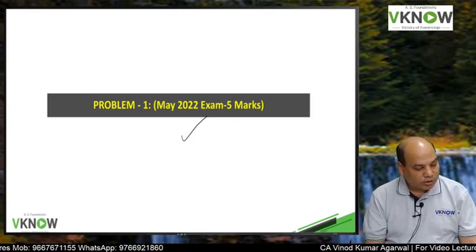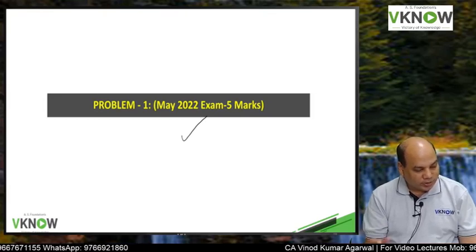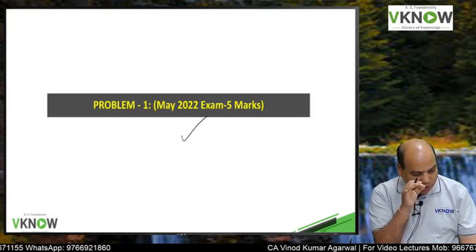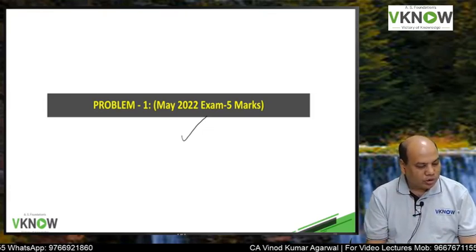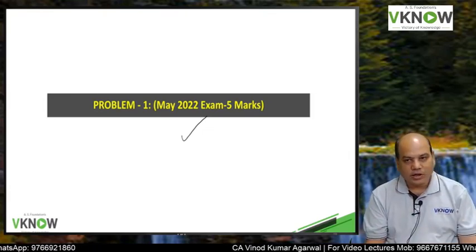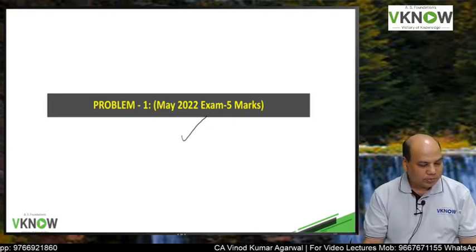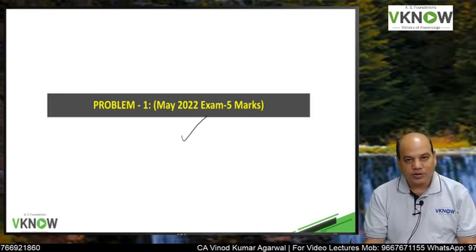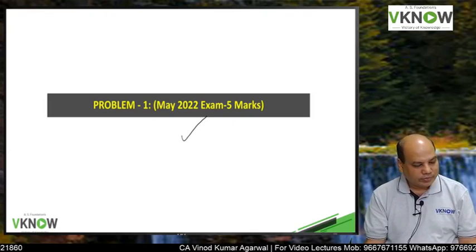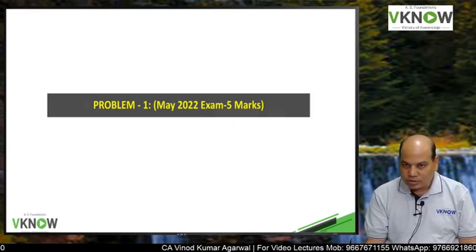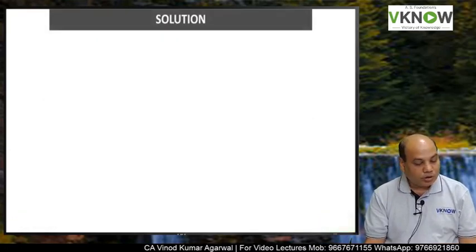Read the problem fully. Calculate the amount of MPBF under 3 methods as per Tandon Committee lending norms. And in the last line they have given core current assets are 30 lakh. So the 30 lakh includes some raw material, some WIP, some finished goods, some debtors. Some portion of that current asset will always be there.